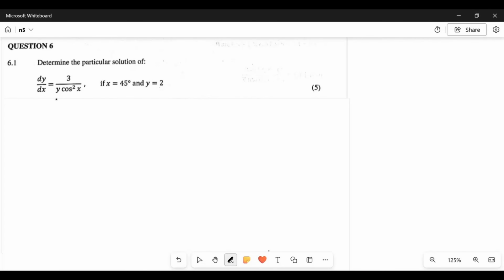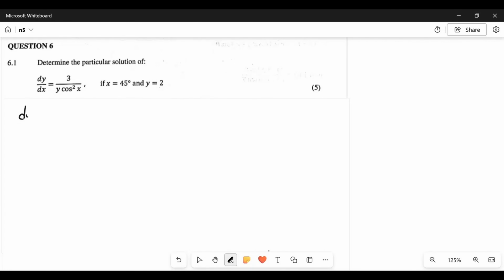So first of all, here we need to group these terms. Any term that has y should be with dy, and any term that has x should be multiplied by dx. So we're going to cross multiply. Let's rewrite our equation.